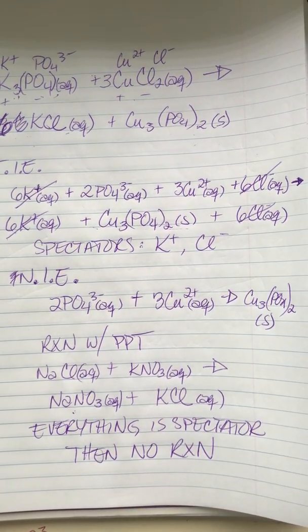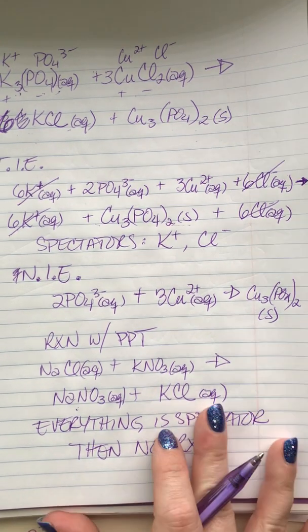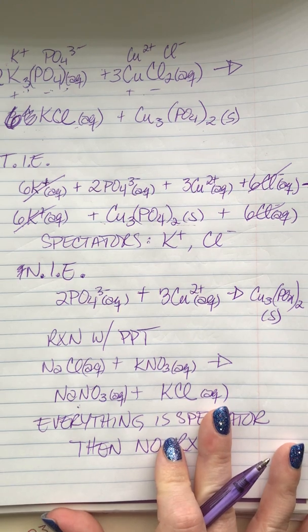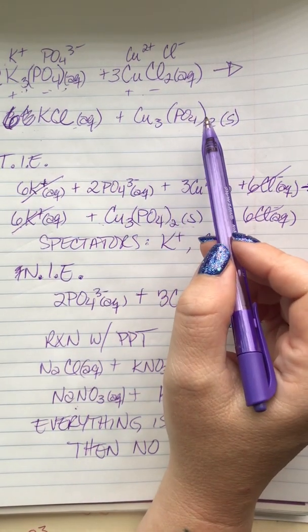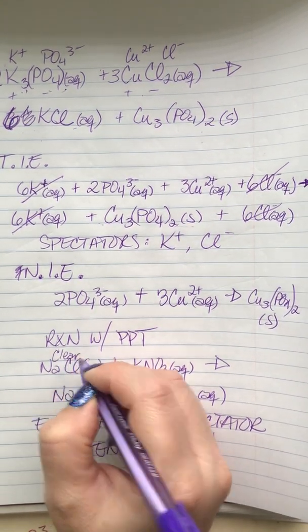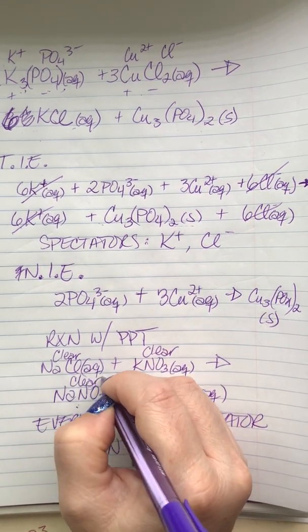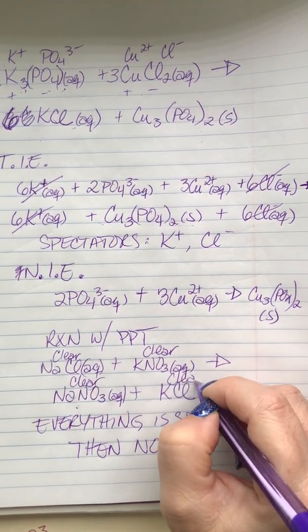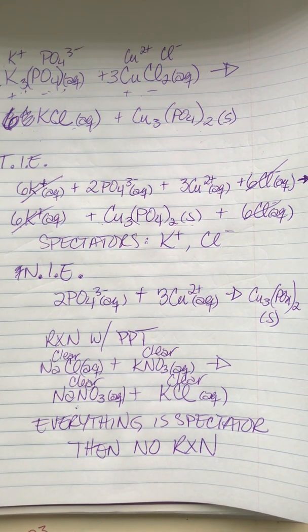Nothing happened. So in the previous problem, we said we'd start out with a couple of clear liquids and we'd end up with a kind of cloudy solid, right? But here we'd have clear liquid, clear liquid, clear liquid, and clear liquid. We didn't form anything. Does that make sense, guys?